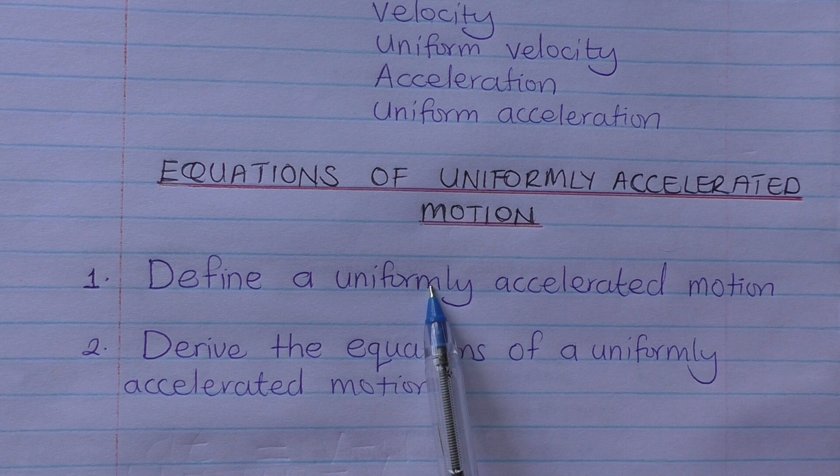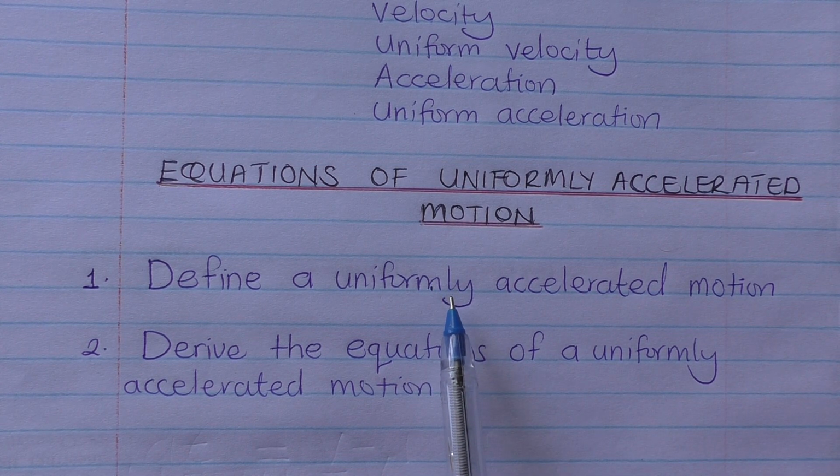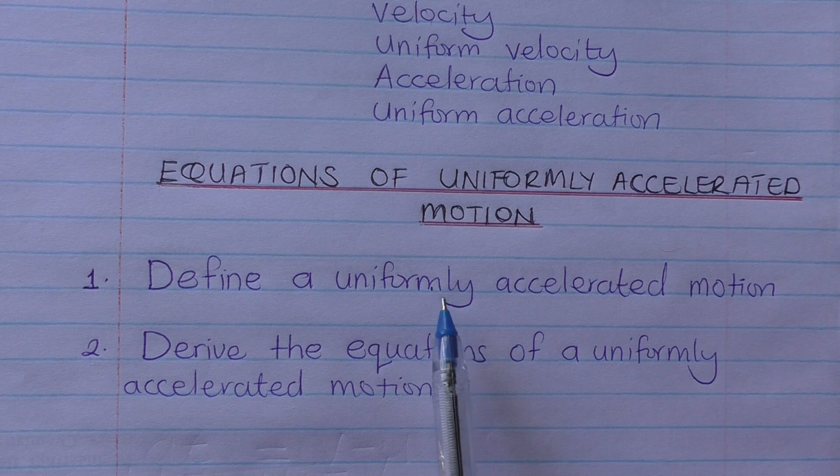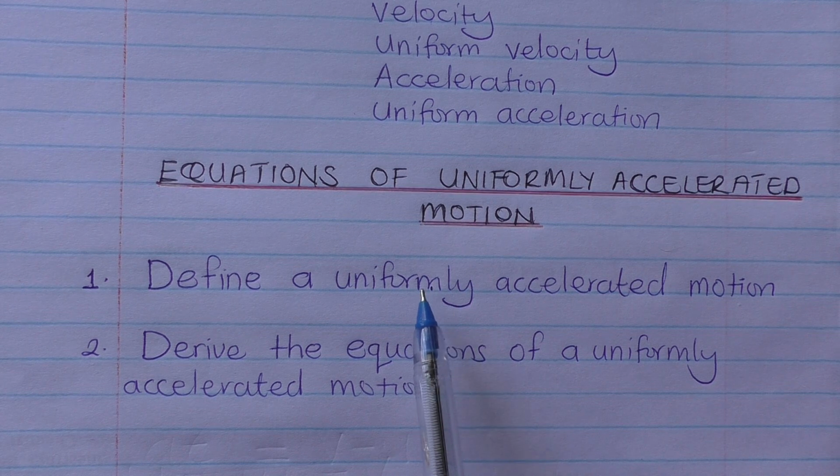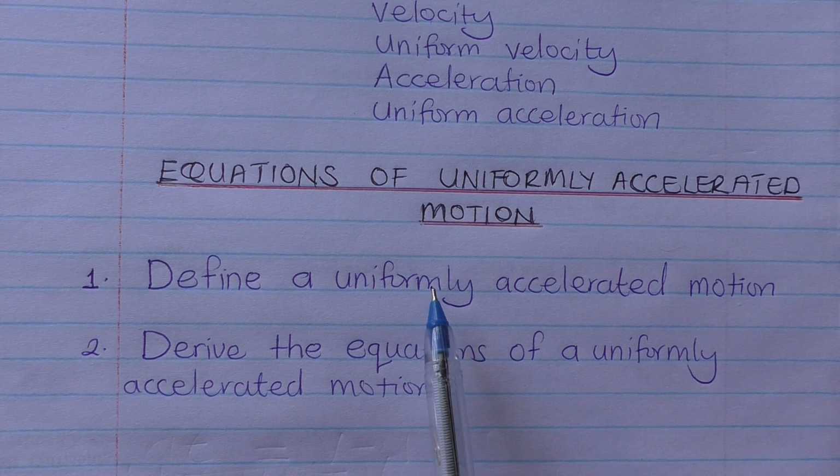But before we derive the equations, we should know what is meant by a uniformly accelerated motion. This is simply the type of motion in which the velocity of a body changes by equal magnitude in equal time intervals. Or we can also define it as the kind of motion in which there is constant rate of change of velocity.